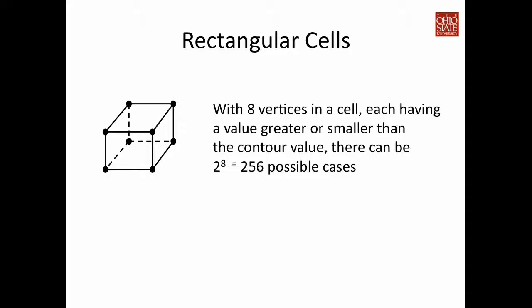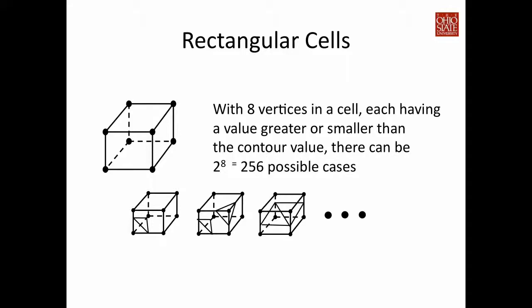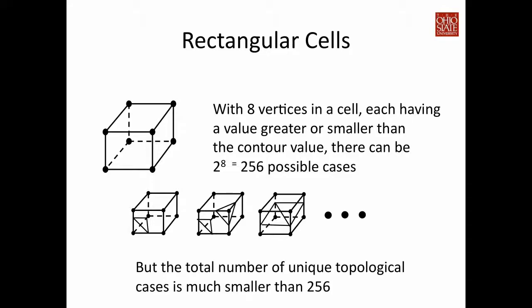These are the different geometric cases of how an isosurface can intersect a cubic cell. Here I just show different cases, and the cases are based on how the values are distributed over the 8 corners. But what I'm going to show you is that the total number of unique topological cases is much smaller than 256.